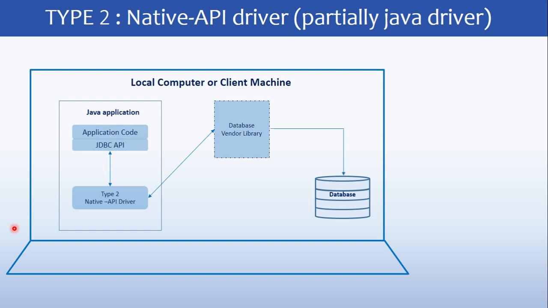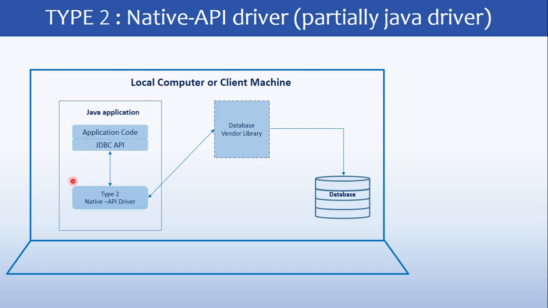So here these type 2 drivers are not provided by your Java software. These type 2 drivers are vendor specific. That is, if you are using the Oracle database, then you have to have the Oracle specific type 2 native API driver.